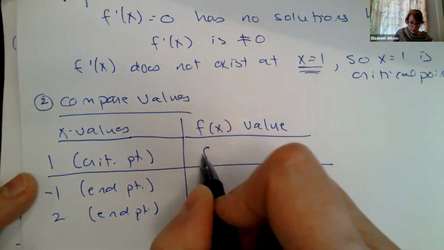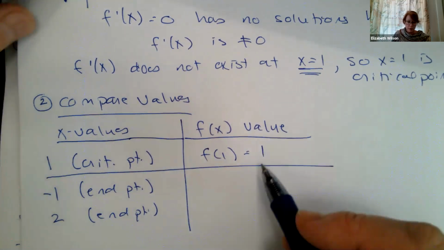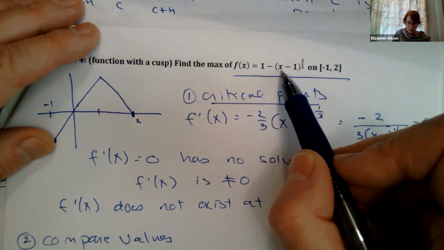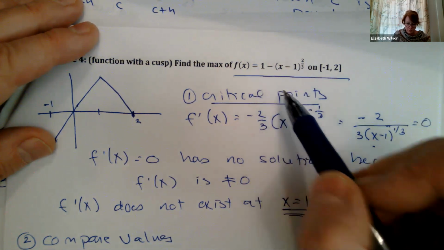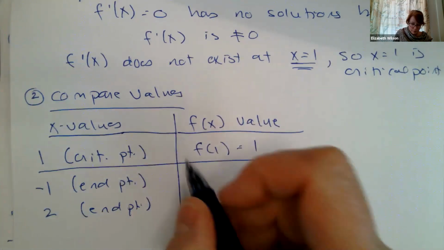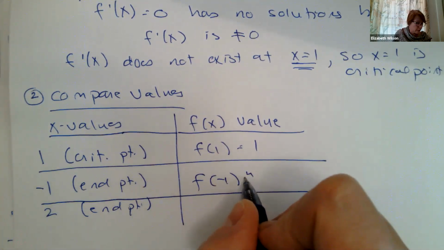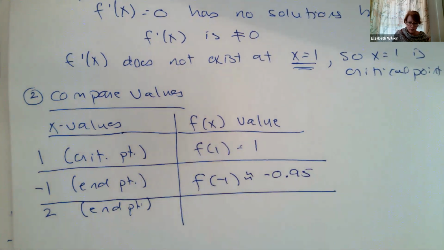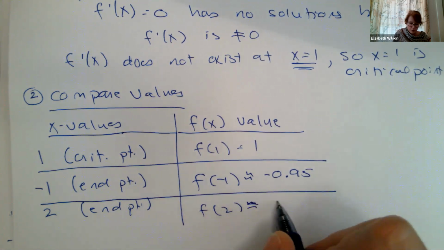So I say f of 1 equals 1, right? So I go back up here and I plug in x equals 1. I get 0 raised to the 2/3 power. 1 minus 0 is equal to 1. F of minus 1 is approximately equal to, I'm going to round, minus 0.95. F of 2 is equal to 0.